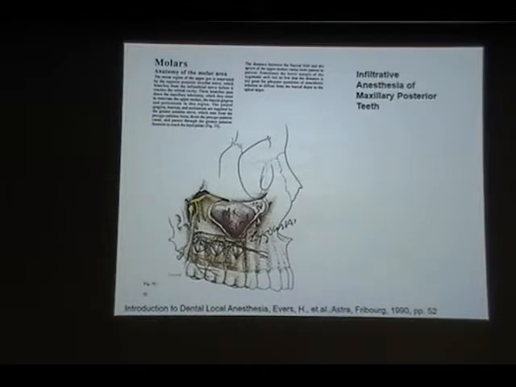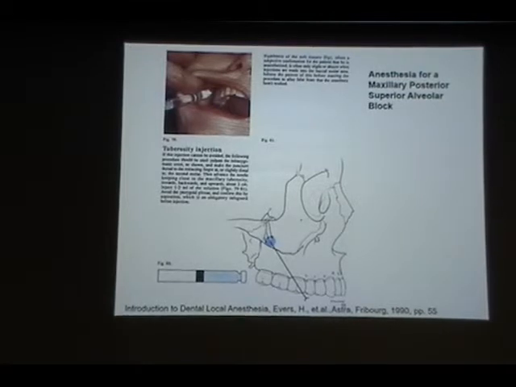So we want to, let's say, get a molar anesthetic, okay? You should be able to get a half a carpule, 3/4 of a carpule into this area with a 27 gauge long needle, or 25 gauge needle if you so desire, to bring that needle above the root apex of a molar.